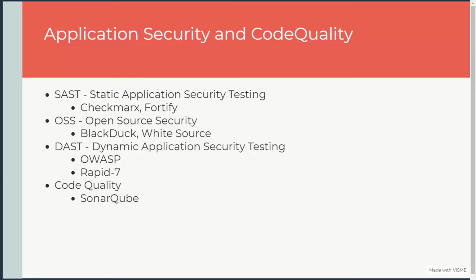So when you use both tools, we can find at least 70 to 80% of the issues, so that our application will be secured at a maximum level. Okay, so this is it.